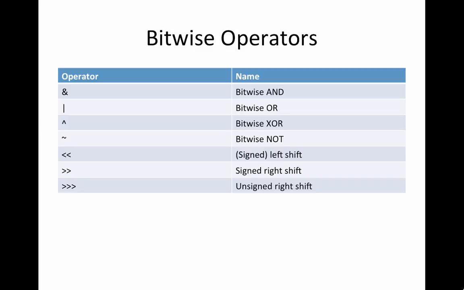Think of multiplying a decimal number by 10. If we have the number 105 and we multiply it by 10, it is as if we are shifting the number one position to the left and filling a 0 at the end. If we have the number 23.5 and we divide by 10, it is as if we are shifting the number one position to the right and moving the decimal place.